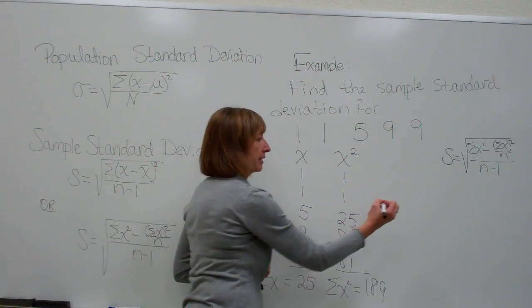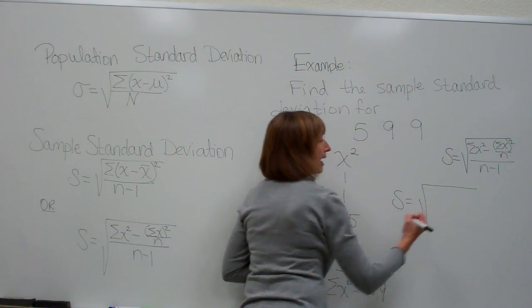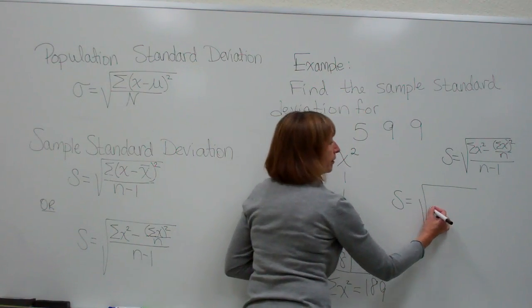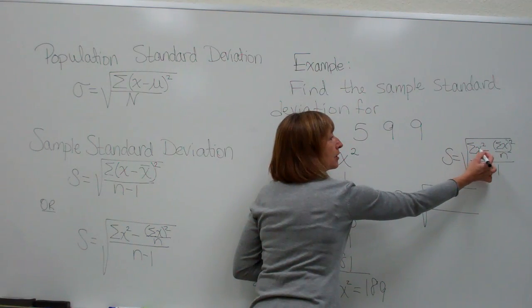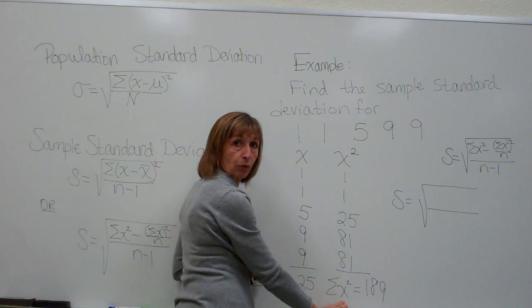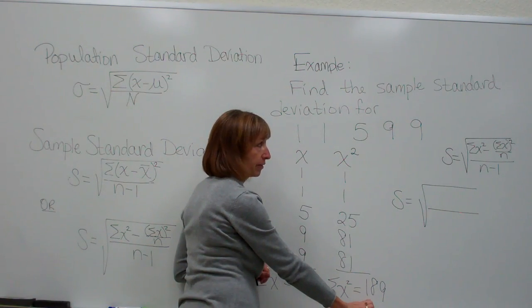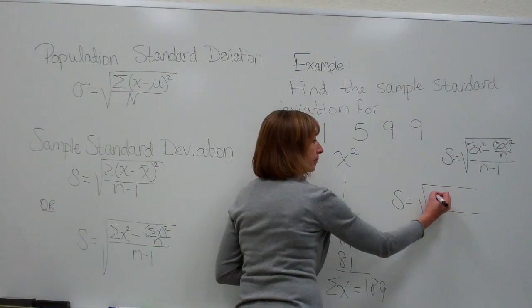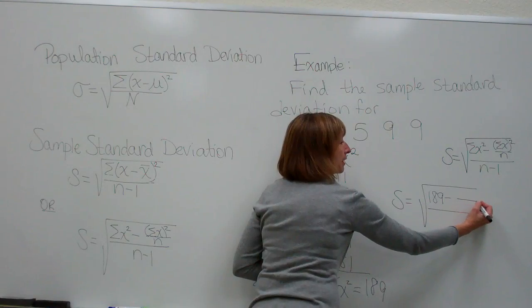Now I'm going to place these in the formula for my sample standard deviation. S is equal to the square root of, let's write out our fraction bar. Here, this is the sum of the squares of the x's, where you've squared the x's first and then added up all of those squares. So that's the 189. Minus, and then a small fraction.